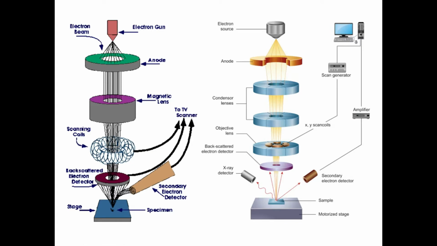Signals from the samples: incoming electrons produce secondary electrons, backscattered electrons, Auger electrons, X-rays, cathodoluminescence, etc. The secondary electrons we shortly call SE, generated from the collision between the incoming electrons and the loosely bonded outer electrons. Low energy electrons, having 10 to 50 electron volts, generate these secondary electrons close to the surface and escape.